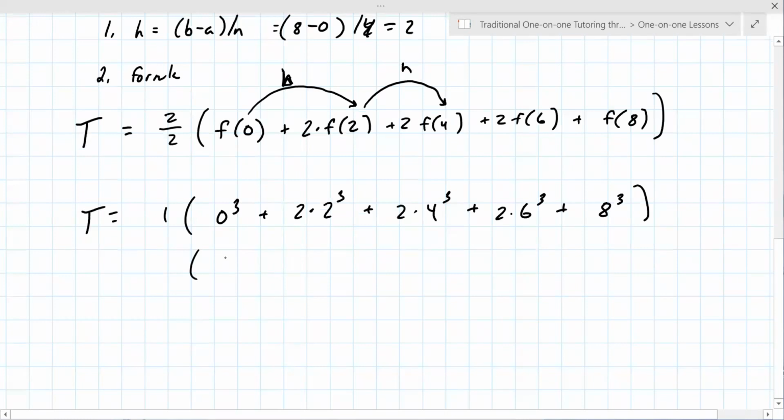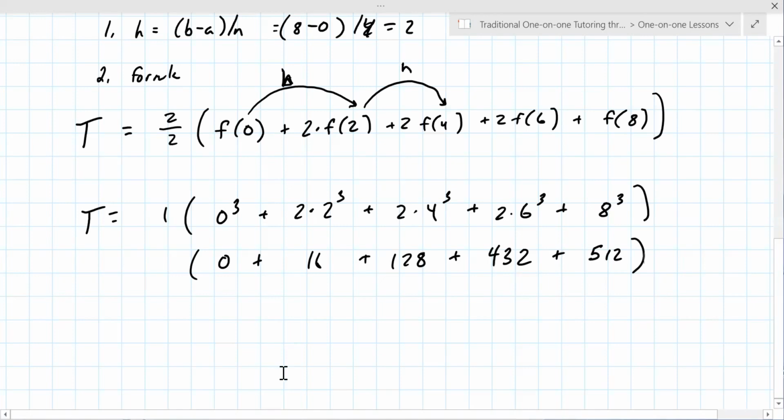And so we needed the numbers here. 2 cubed is 8, times 2 is 16. 4 cubed is 64, so 128. 6 cubed is 216 times 2, so 432. And then 8 cubed is 512. And then you would just add all these up and get whatever you get for that.